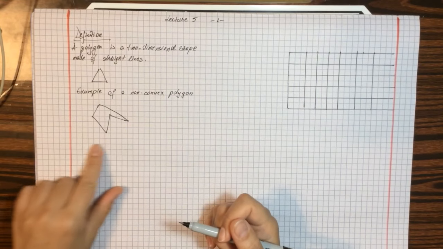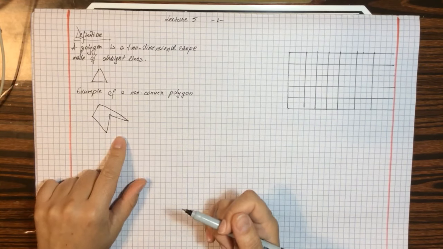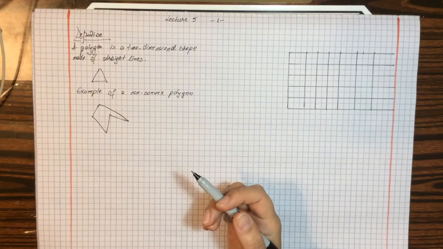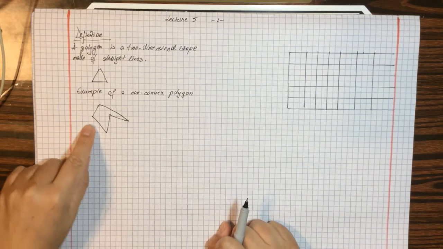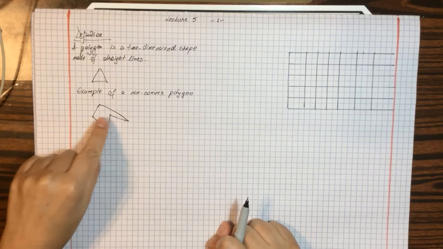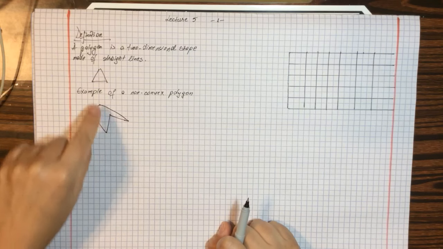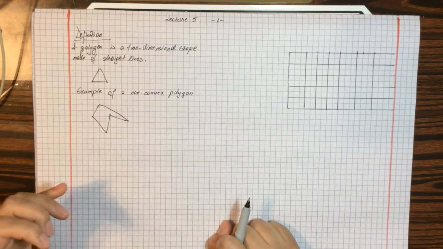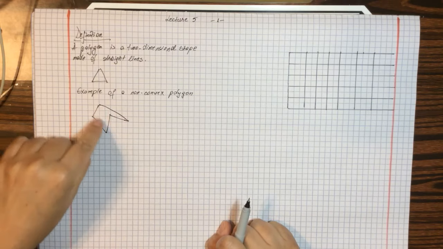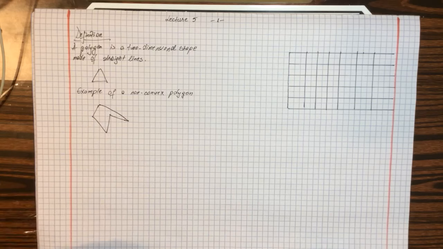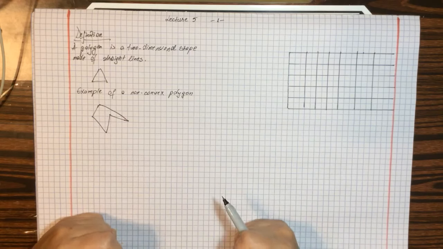but to just say a dent is certainly not good, not in mathematics anyway. One way you can think about non-convex polygons is as follows. If you can connect any two corners, any 2 vertices of this polygon with a line, and that line falls within the area of the polygon, then your polygon is convex.